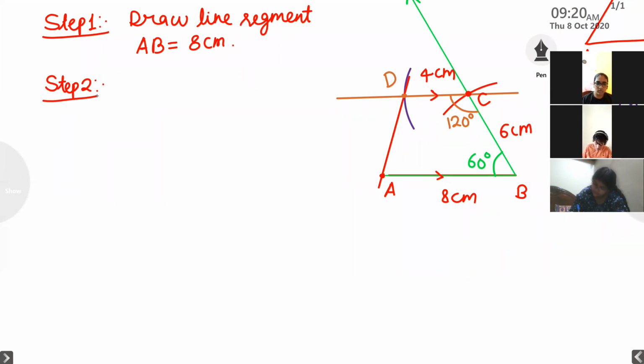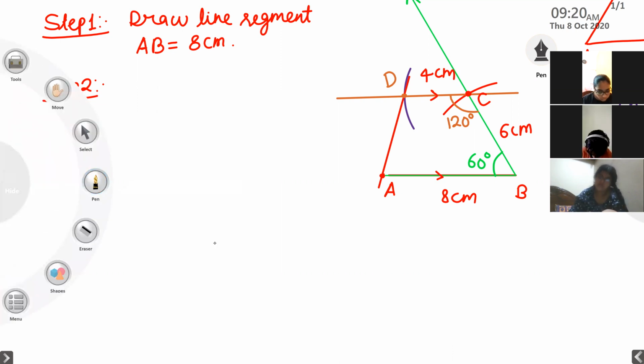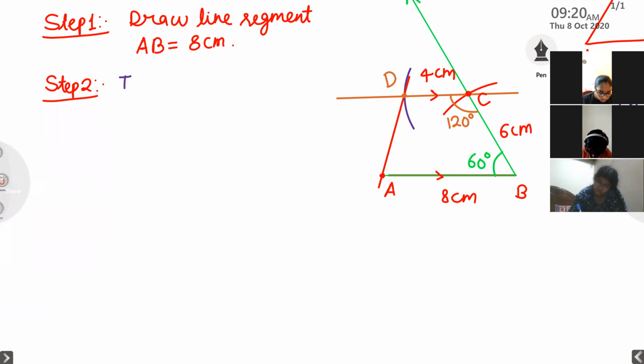Step 2. Take B as a center. Center spelling is CENTRE, not ER. Take B as a center.